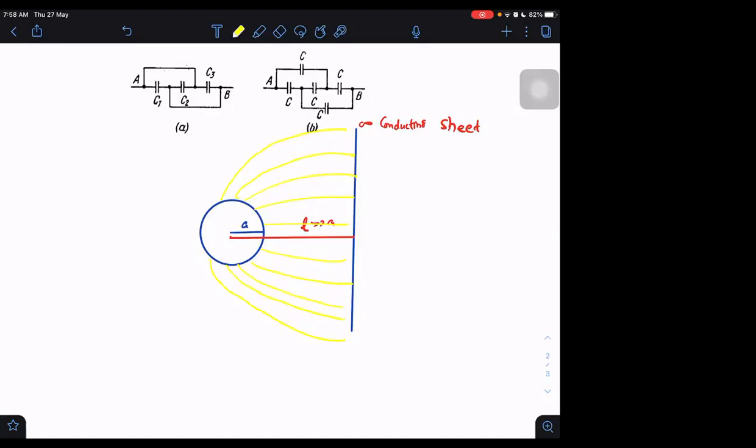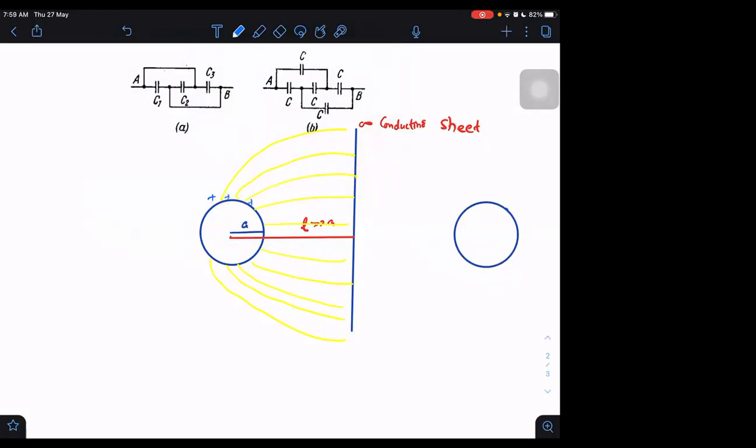If I ask the same question by giving another identical sphere on the other side at the same distance away, then I think we have discussed such a question before.